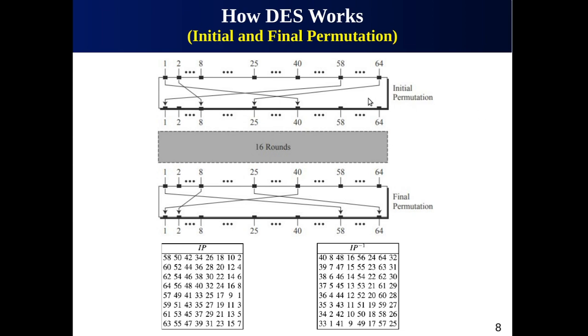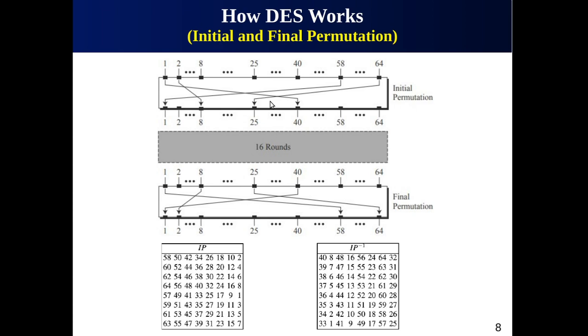So you can see here, these are actually called P boxes, the permutation boxes, as shown in the figure. Each of these permutations takes a 64-bit input and then permutes it according to a predefined rule.